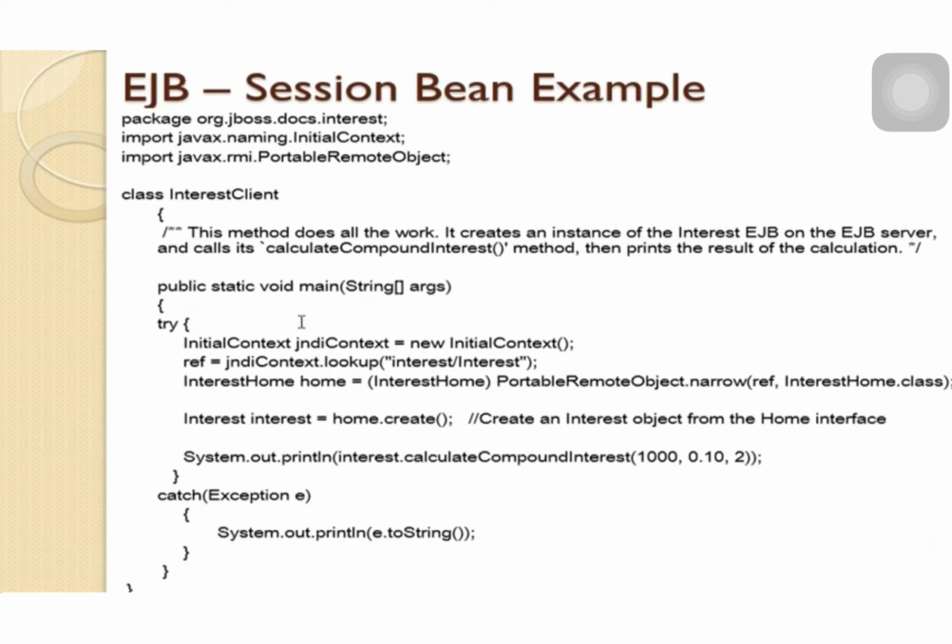So the client can use the JNDI context to look up the required instance, right? Then via the home, we can just create the object to represent the session bean. Then we can use the interface to invoke the session bean.